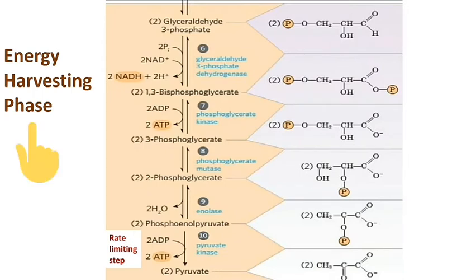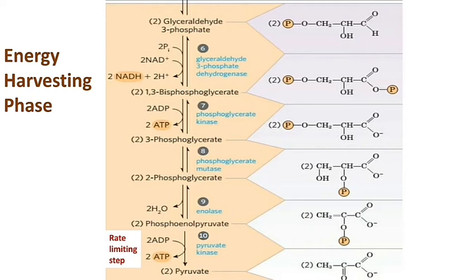Now the second phase is the energy harvesting phase. In this phase, 2 glyceraldehyde 3-phosphate molecules are generated from one molecule of glucose. Now the glyceraldehyde 3-phosphate molecule gets converted to 1,3-bisphosphoglycerate by means of the enzyme glyceraldehyde 3-phosphate dehydrogenase, and here inorganic phosphate and NAD plus take part, and there is formation of NADH and H plus ion.